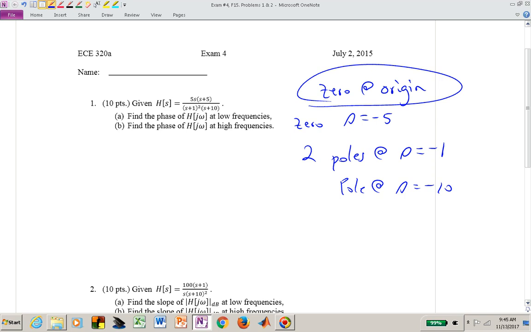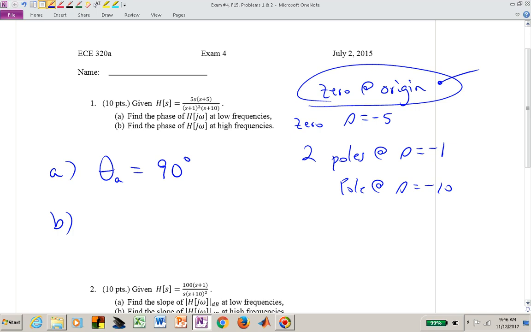It's always on, so the phase at low frequencies in this transfer function is only from the 0 at the origin, and that's going to give us 90 degrees. So the phase at low frequencies, let's say theta sub A, is going to be plus 90 degrees. That's the answer to part A of problem 1.